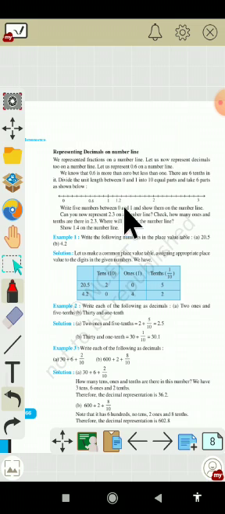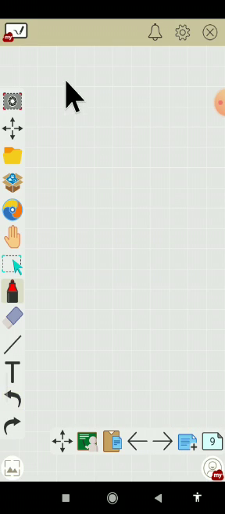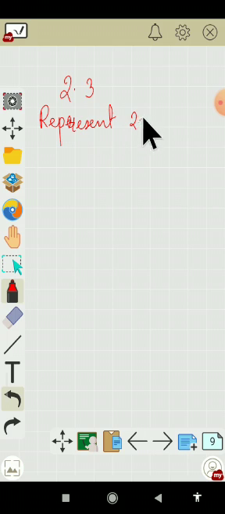Now we will go to representing decimals on the number line. So how do you represent decimal numbers on the number line? Suppose the number given to you is 2.3, and the question is to represent 2.3 on the number line.